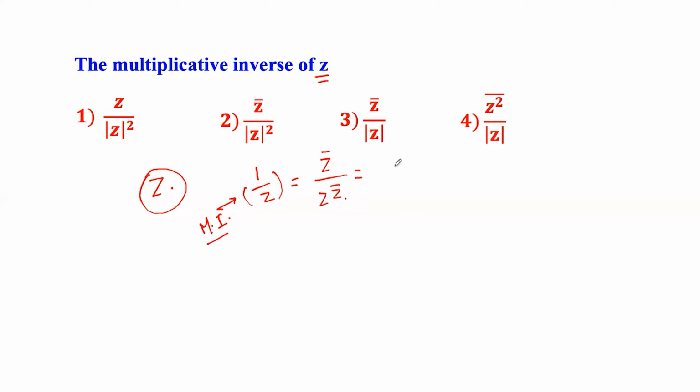And we know that Z Z bar is nothing but mod Z square. So Z bar upon mod Z square is your answer.